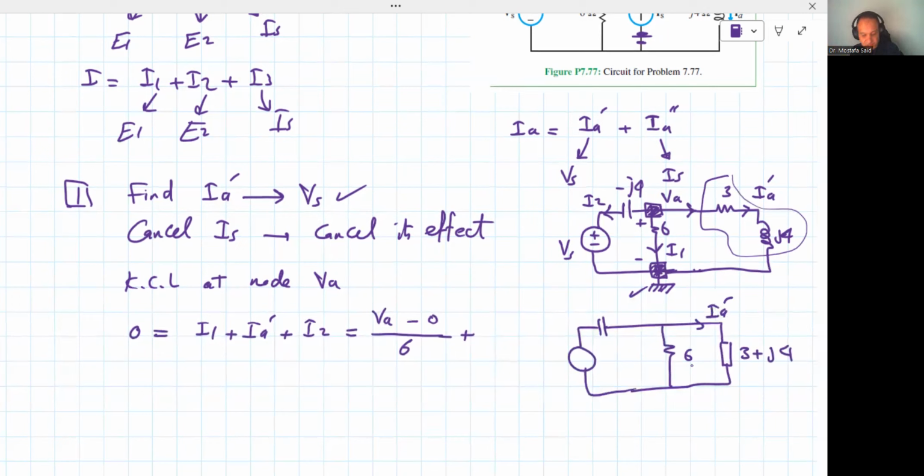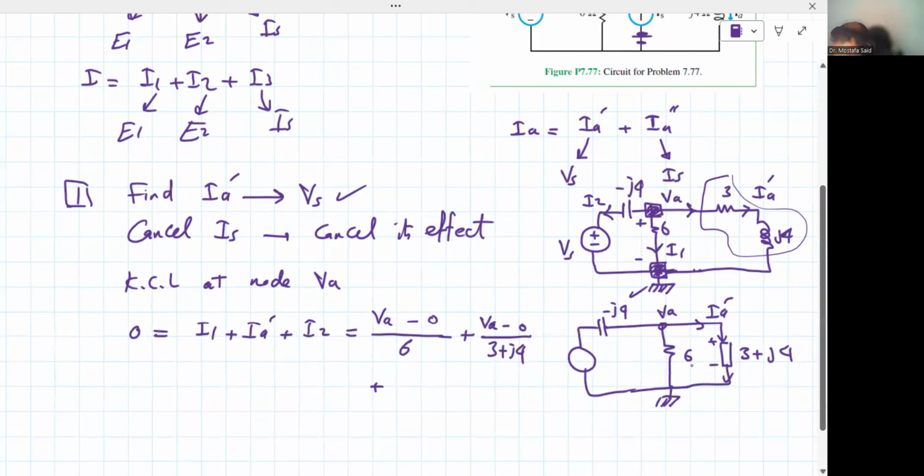If you draw it, it's legitimate to do that. So this will be VA again. It flows in that way here. That's the positive, that's the negative. The positive terminal is VA. The negative terminal is the ground, 0 over 3 plus G4.